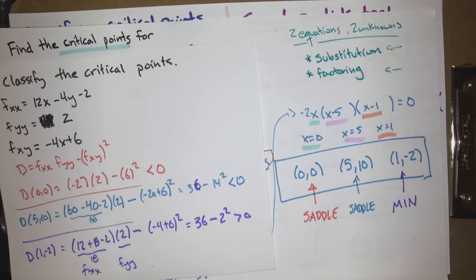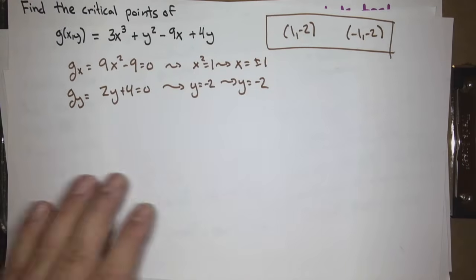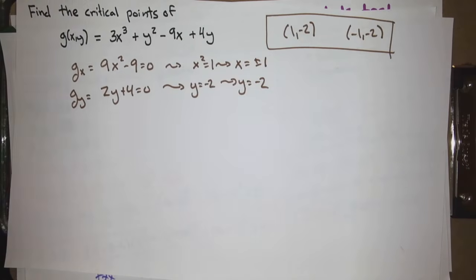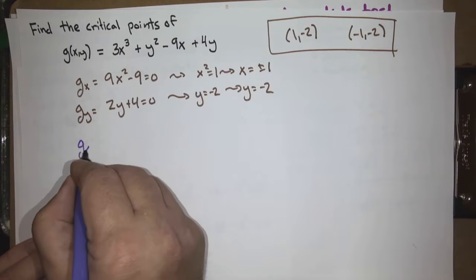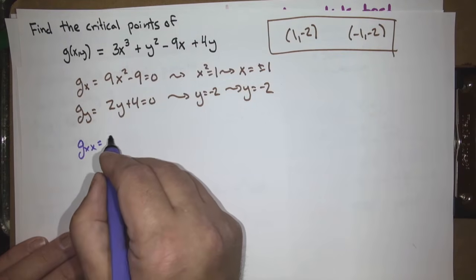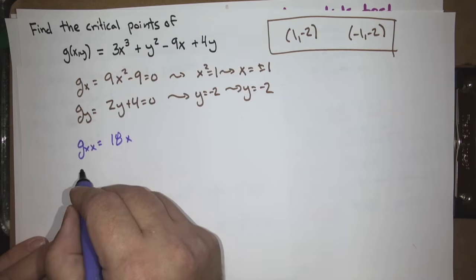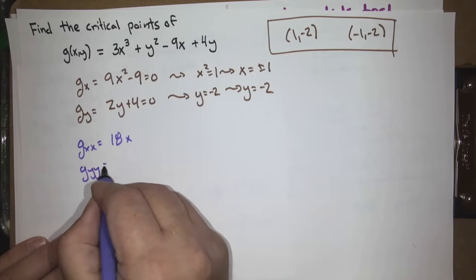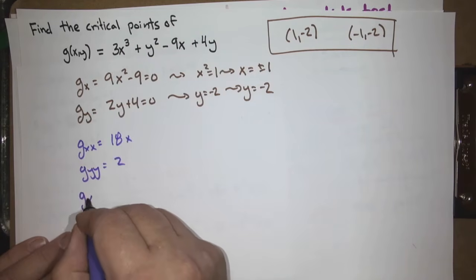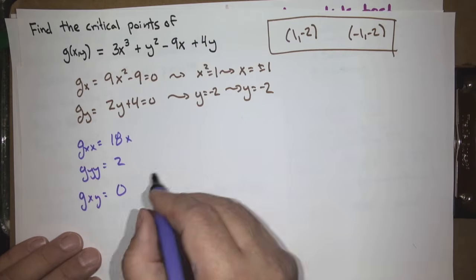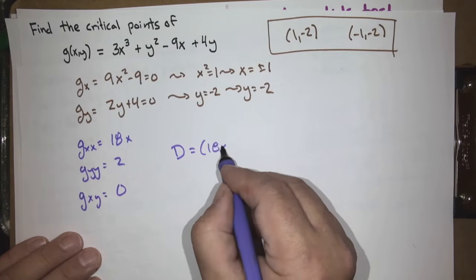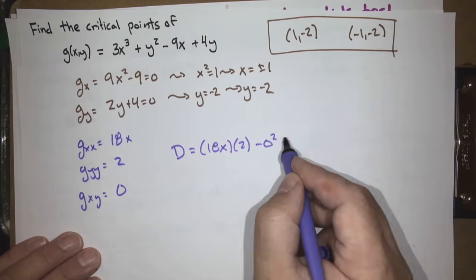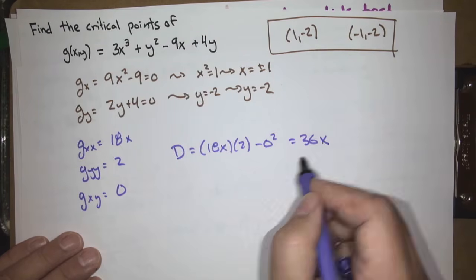All right, I know we're almost out of time, but can we classify these really quickly? What is gxx? 18x. What is gyy? 2. What is gxy? 0. So D is 18x times 2 subtract 0 squared, which is 36x.